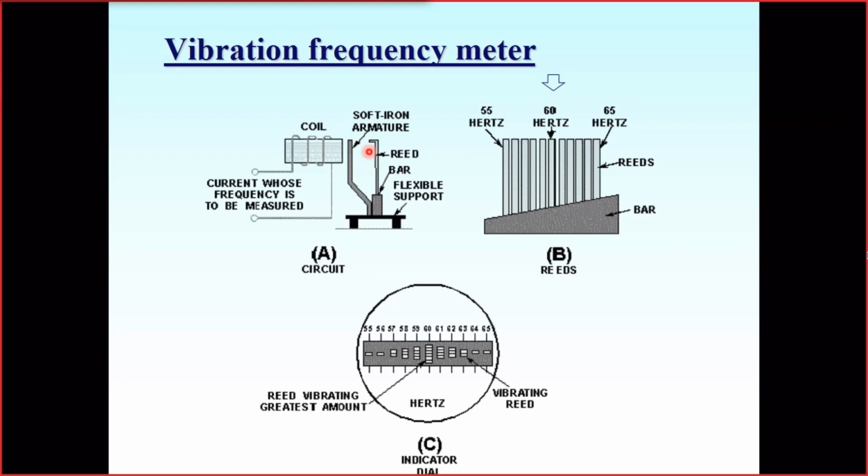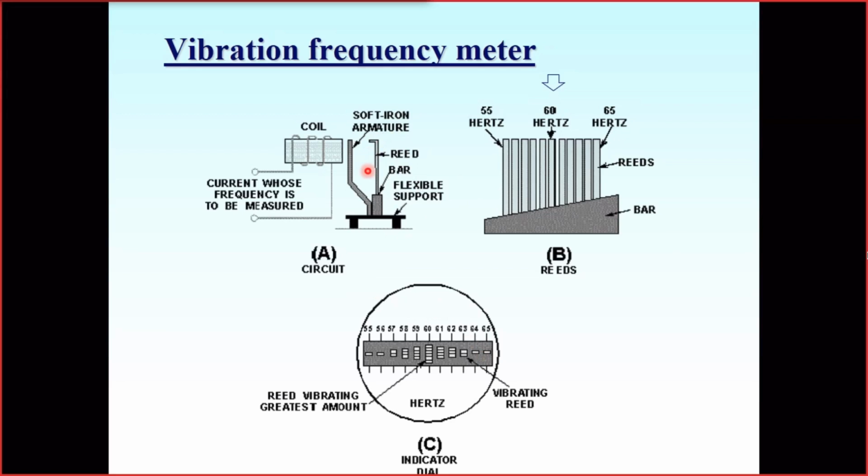But if a reed has the same resonant frequency as the switching of the coil's field direction, meaning the same frequency as the measured current, then the force from the coil will be applied in resonance, and we get amplification of the oscillation of the reed.